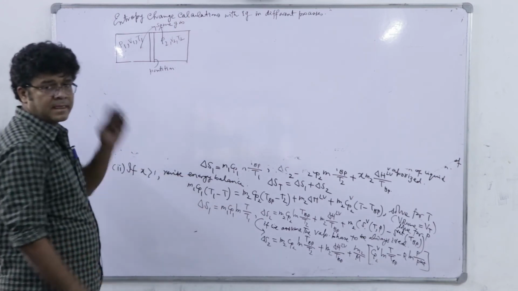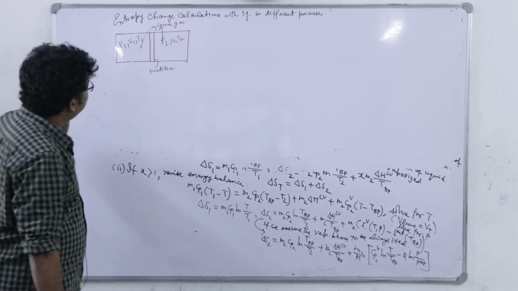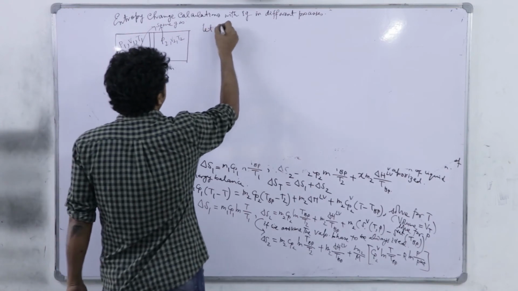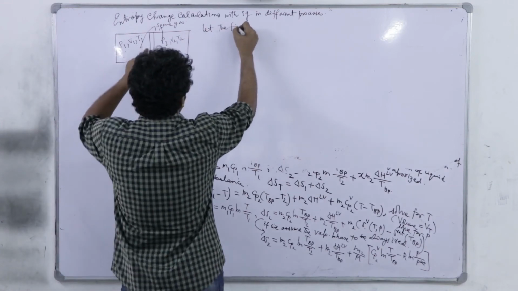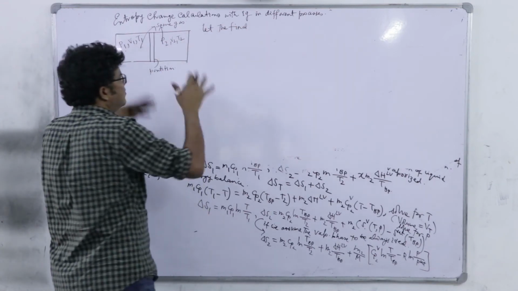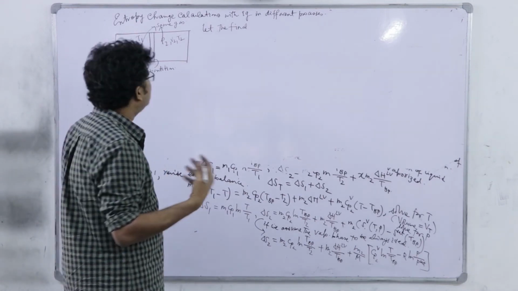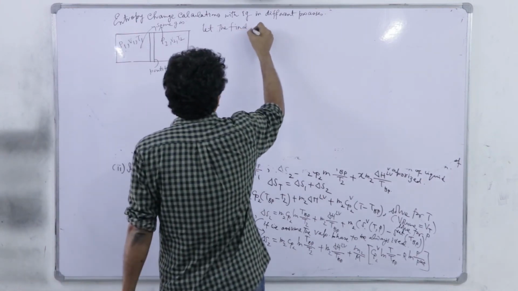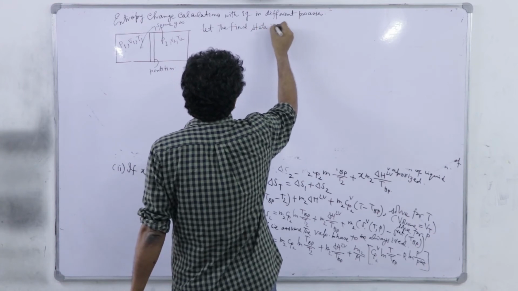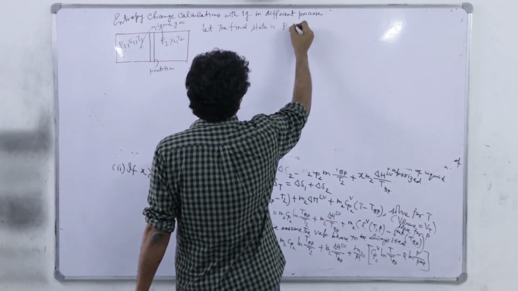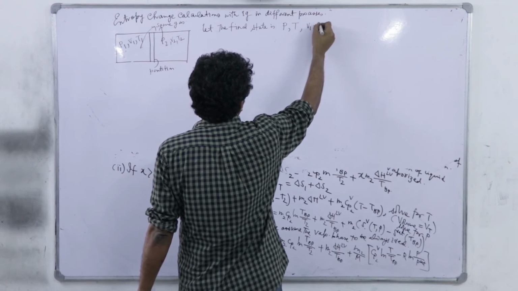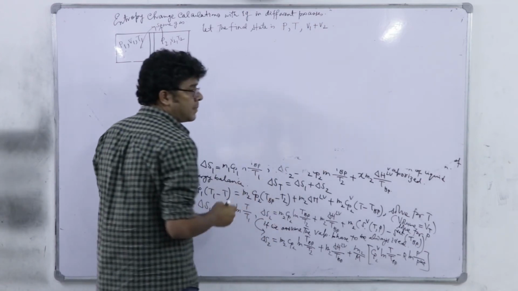Now once I remove the partition, the gases will mix, their thermal state will equilibrate. So the final state is pressure P, temperature T, volume V1 plus V2.